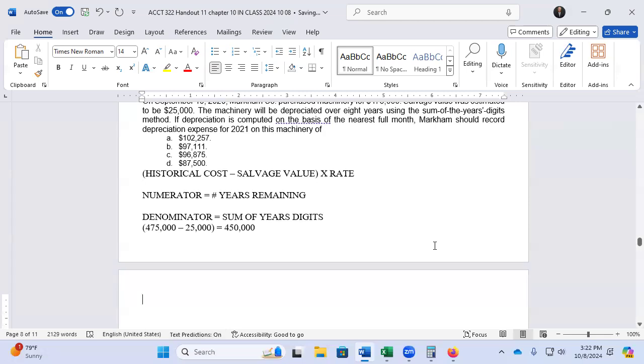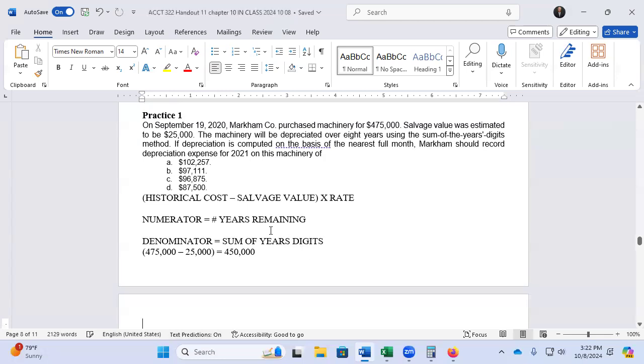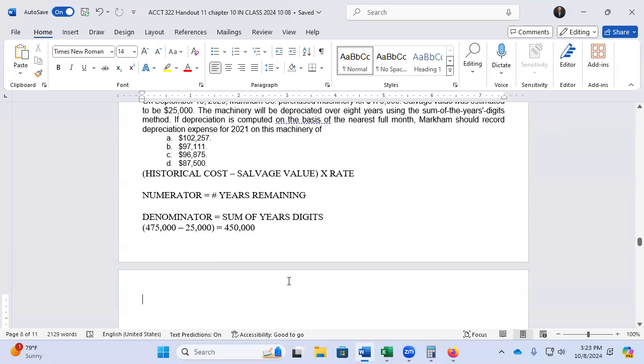And for the first year, what's our fraction? I believe it's 8/36, right? And so we multiply that out, 450,000 by 8 divided by 36, but we also need to adjust it for the year.